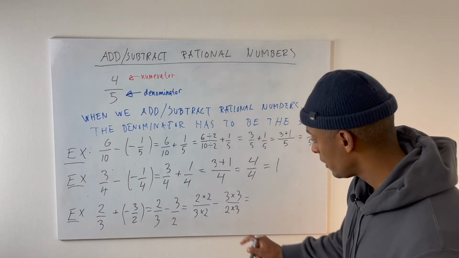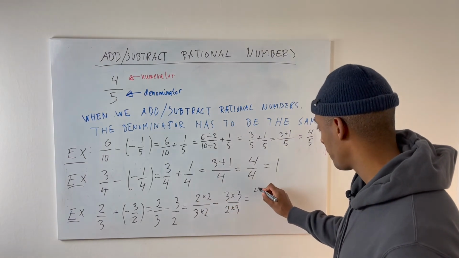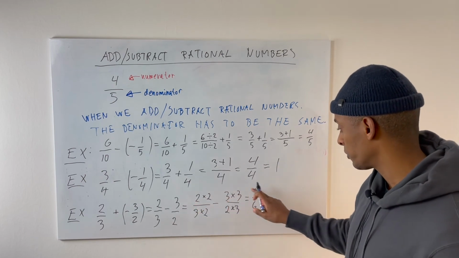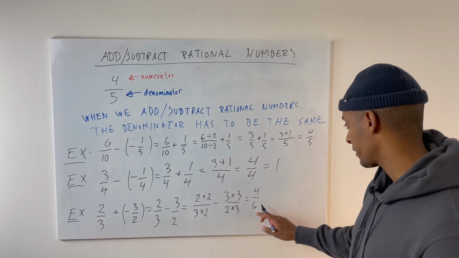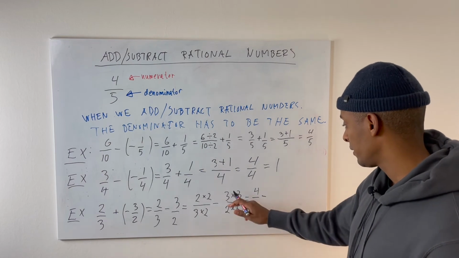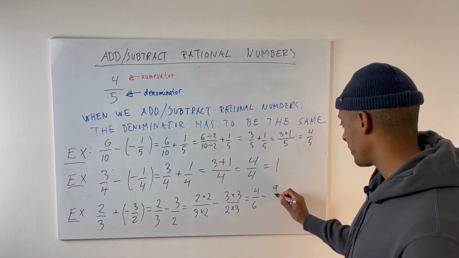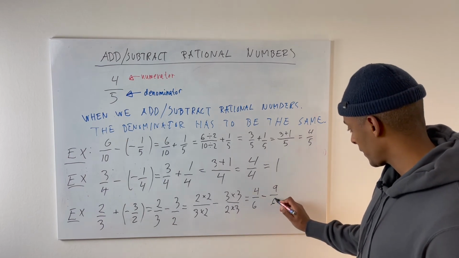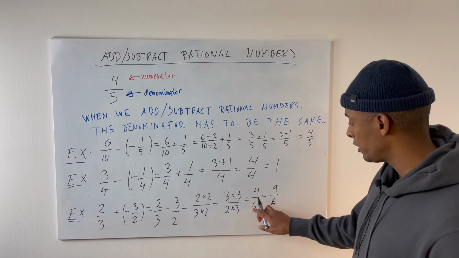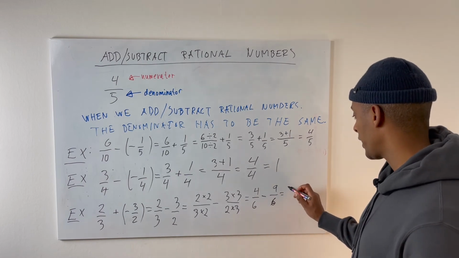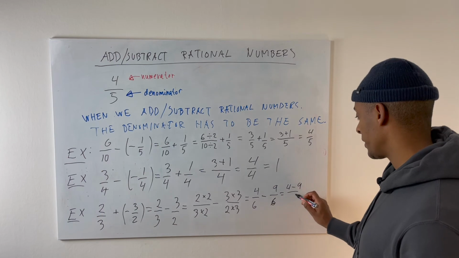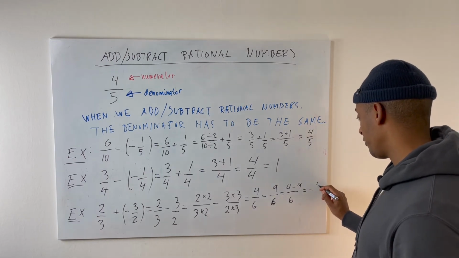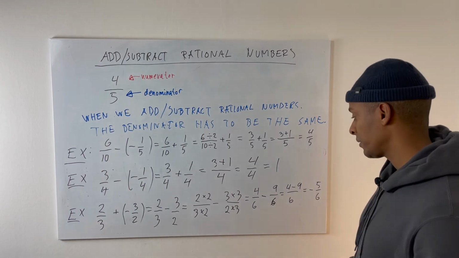So this is equal to 4 over 6, right? 2 times 2 is equal to 4. 3 times 2 is equal to 6. Minus 3 times 3 is equal to 9. 2 times 3 is equal to 6. Now we can see that the denominator is the same. So now we can write 4 minus 9 divided by 6, which is equal to minus 5 divided by 6. And that's the answer.